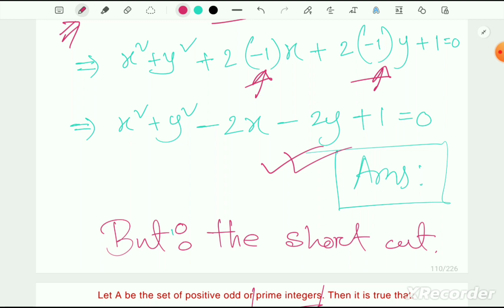So try to clear your basics or theoretical knowledge from each chapter. That will be helpful. In that case, you can solve a lot of problems in a different way, not the conventional or lengthy way, but in a short way, or you can just guess the answer by looking at the options.